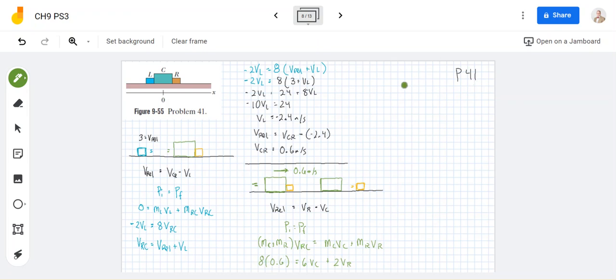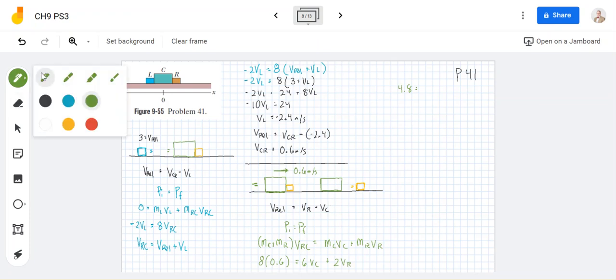Eight times 0.6 is 4.8. We're going to have to solve for both of these, but I'll solve for the velocity of the right one here.